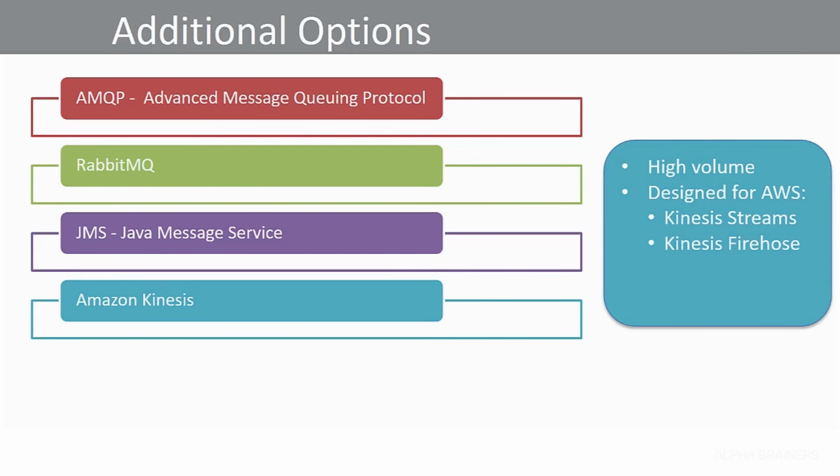Kinesis Firehose, which is really designed to have real-time streaming data to destinations that are Amazon Web Service based, like your Amazon S3 and Redshift. And then Kinesis Analytics. So this is actually designed not only to process the data, but also analyze it and make some type of determinate results based upon the information that it gathers.